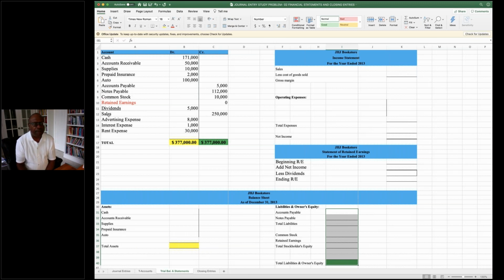So if you got a trial balance, you can come in here, copy our sales, paste them right there. Then we're going to go to our expenses, copy them, and we'll paste them right here. Then we get our dollar amounts.